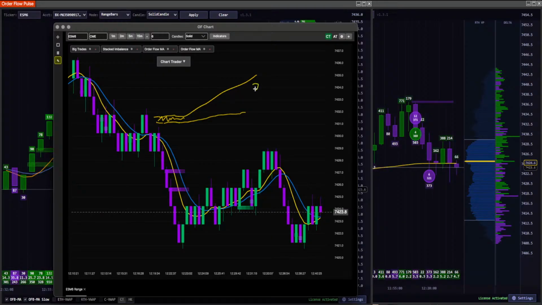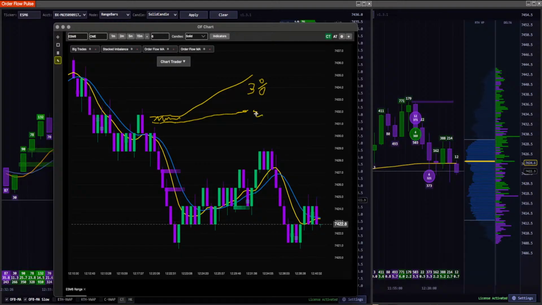And you might have roughly a 3% deviation, where the Nasdaq just ran up and the ES is just kind of flatlining or slowly trickling up.